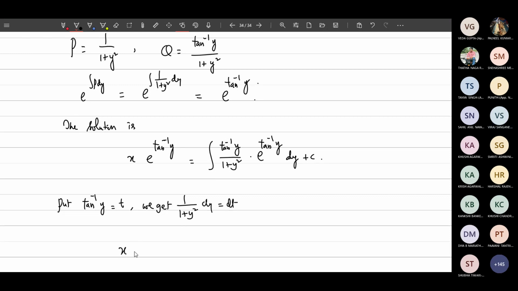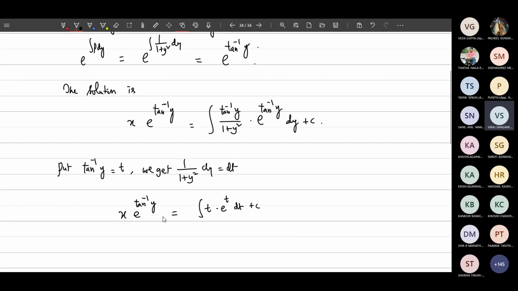So that x e to the power of tan inverse y equals the integral of t e power t dt plus a constant of integration. Again the same product here. This is t e to the power of t minus e power t plus constant.